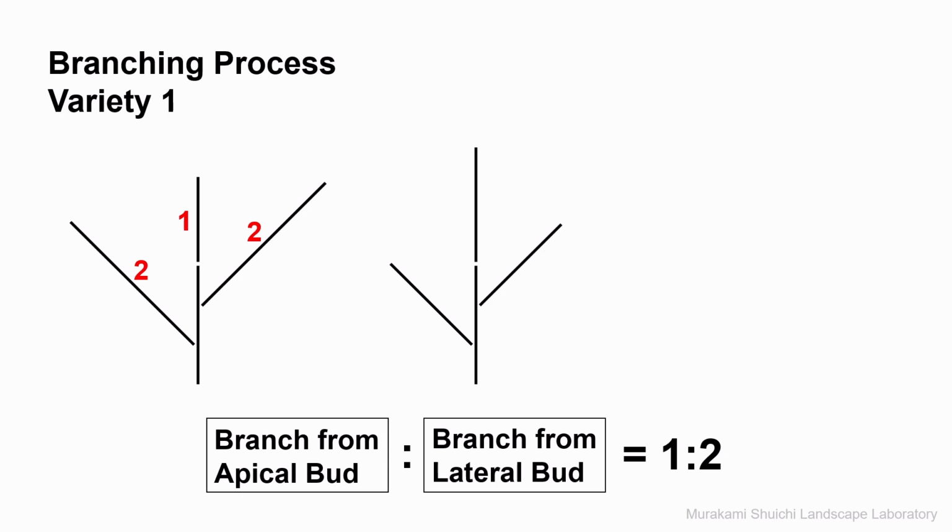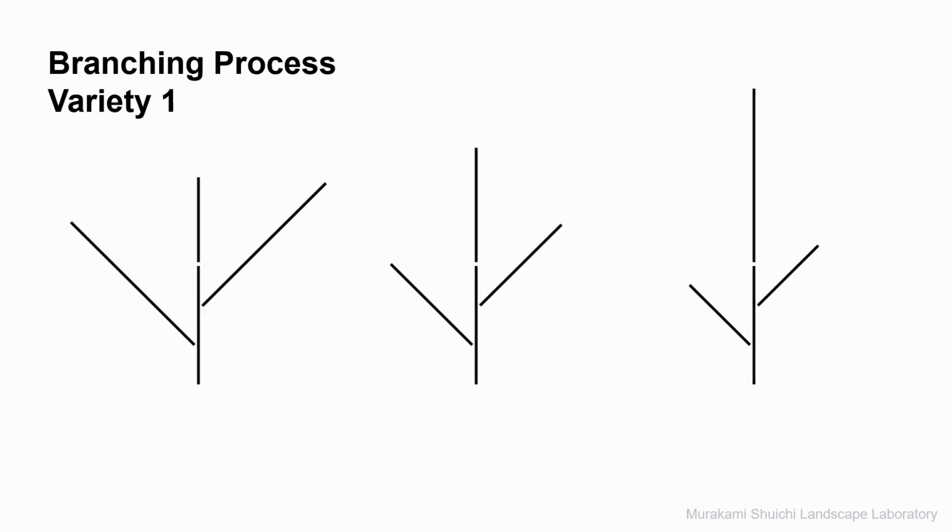As shown in the diagram on the left, the tree will spread wide horizontally but grow less vertically. Try repeating branching with a 1:2 ratio. You will see the tree expanding sideways, creating a broad spreading form. In this way, differences in branch growth patterns can be understood as one of the factors that shape the overall form of a tree.